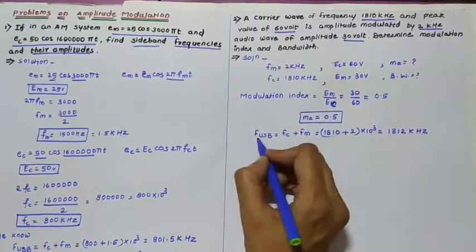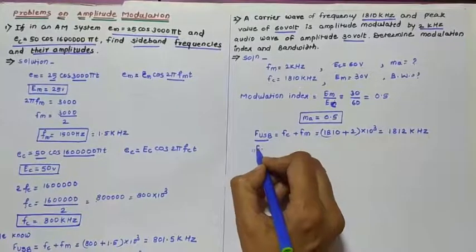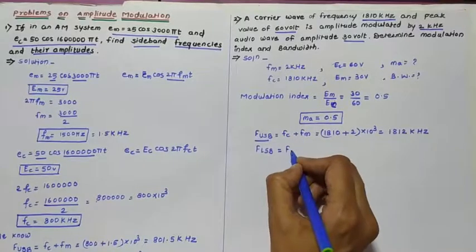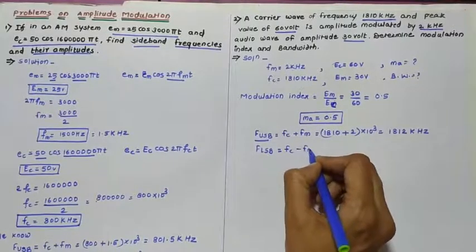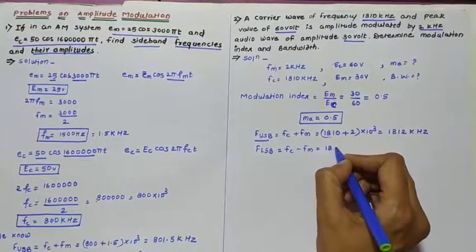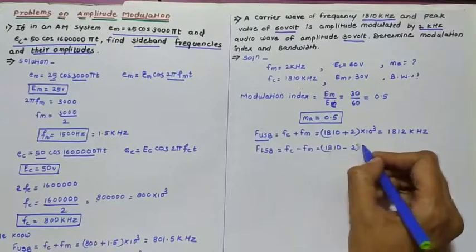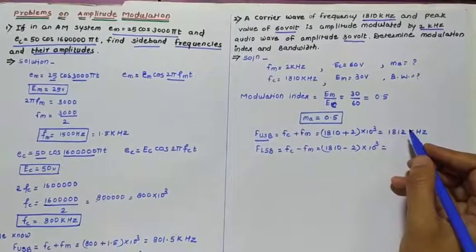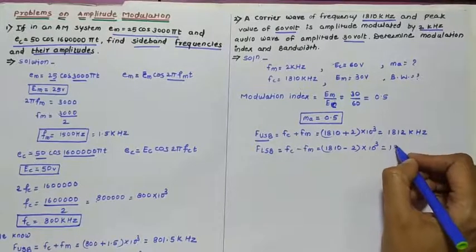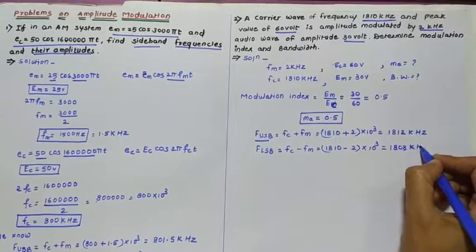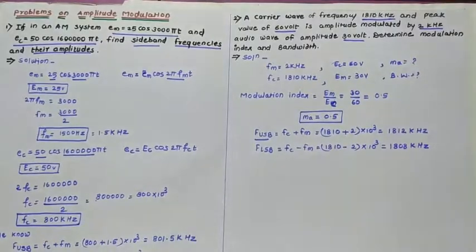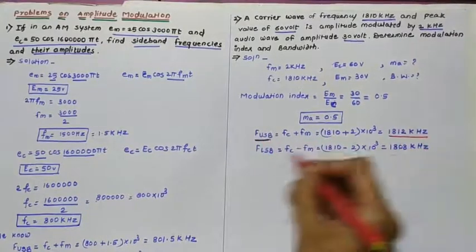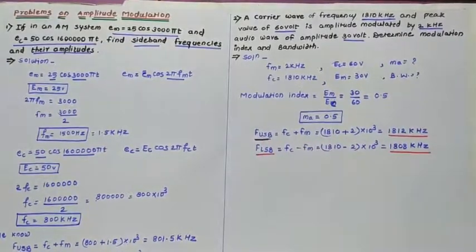It is the frequency of FUSB. Now the frequency of lower sideband, FLSB, is equal to Fc minus Fm. Therefore 1810 minus 2 into 10 raised to 3, this is equal to 1808 kilohertz. So this is the frequency of upper sideband and this is the frequency of lower sideband.